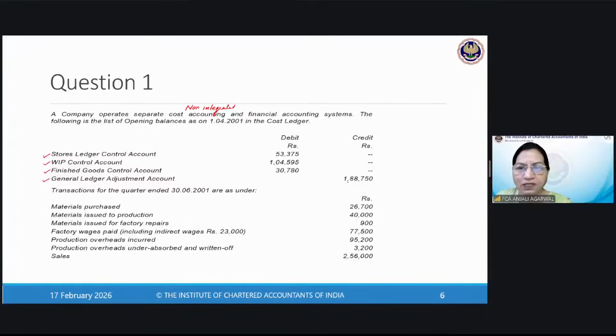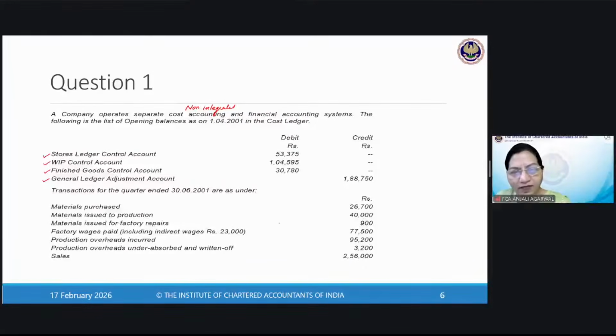But here we do not see anything, which means that it may be the policy of the company to take the under recovered or over recovered overheads directly to the costing P&L account, or to apply a supplementary rate. Or maybe there was no over or under recovery at all. So therefore, there is no overhead suspense account or overhead adjustment account.